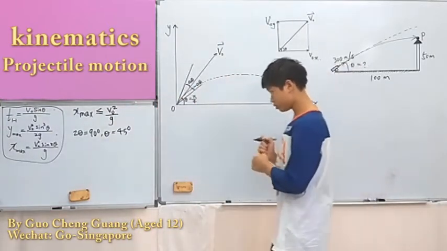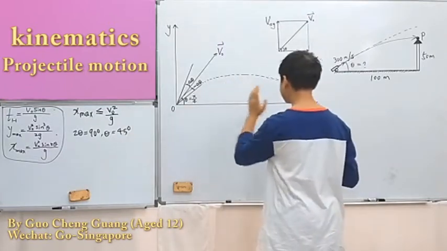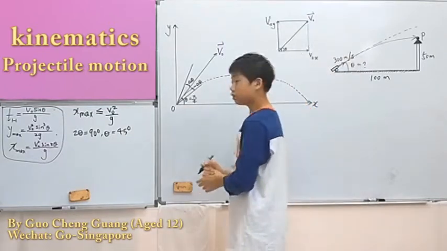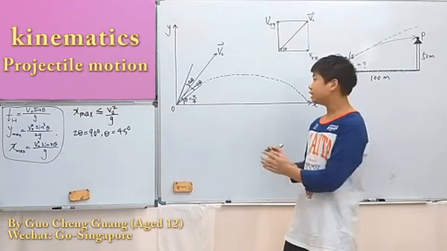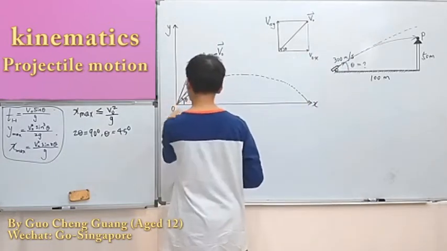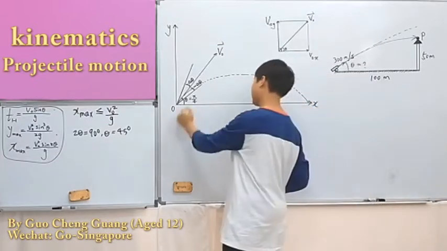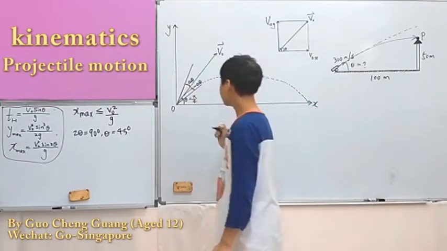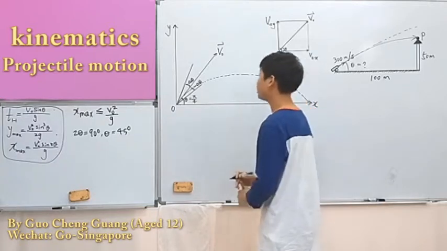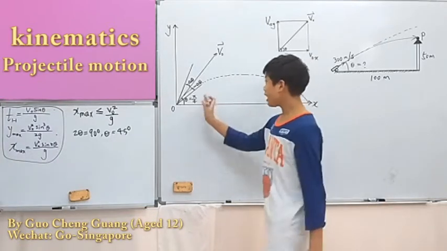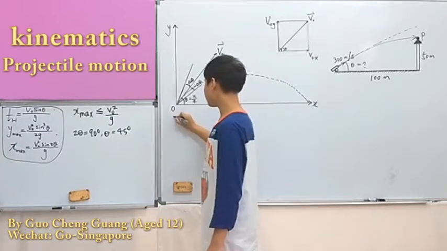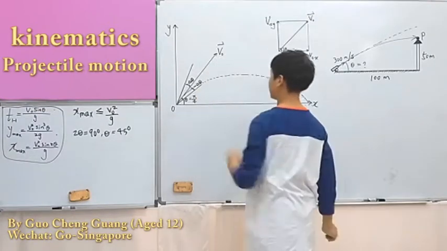I'm just going to use this as an example. Let's think: you didn't shoot accurately, and you accidentally missed by a delta theta, this angle. In the first case, what if you go extra upwards by delta theta?